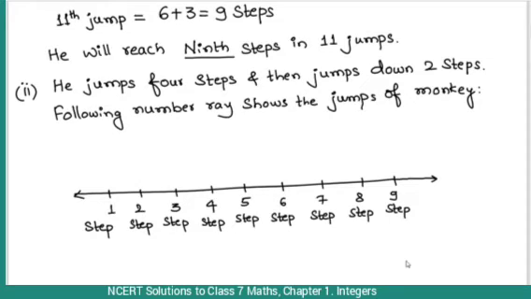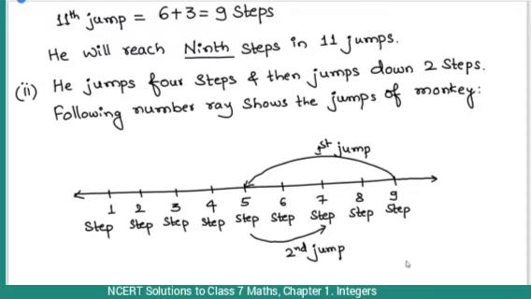First he jumps 4 steps and then jumps down 2 steps. Meaning first it is at the 1st step and goes to the 5th step. In the first jump it goes to the 5th step. In the second jump it goes to the 3rd step. Again from 3 it goes to the 7th step in the 3rd jump, and in the 4th jump it goes to the 5th step.